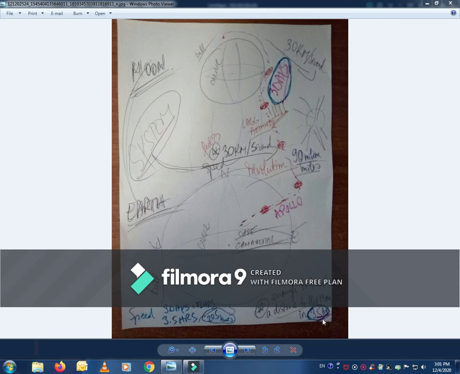So this is like comparing the speeds, but I'm comparing them by time. If this rocket were traveling at 30 kilometers per second, it would take 3.5 hours to reach the moon.